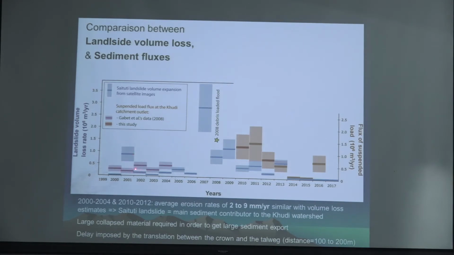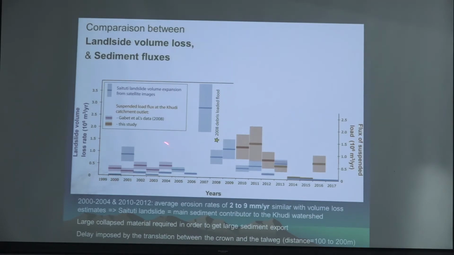And when we compare the activity of the landslide, so remember in blue the loss of volume or the propagation of the landslide, and in red and pink the suspended load, you see that, again, as claimed previously, most of the sediment in this basin is not coming from the whole basin, but it's just coming from one spot, this active landslide area.